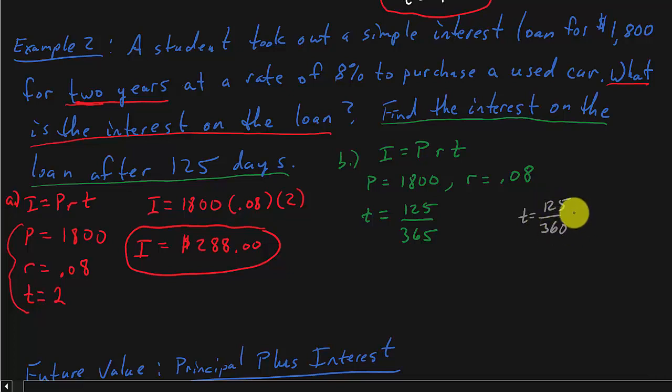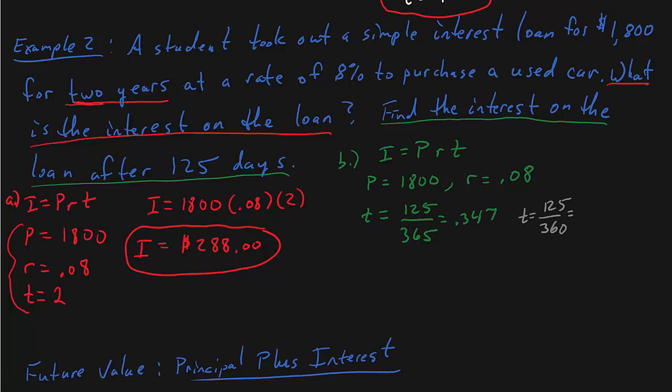125 over 360. All right, so let's look at the difference. We've got 125 divided by 360, and that is 0.347222. I'm just going to round it to 3 decimal places for the sake of this video.